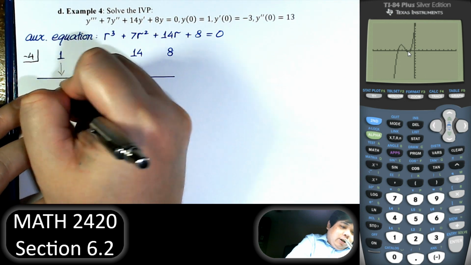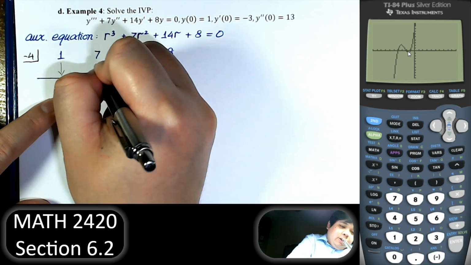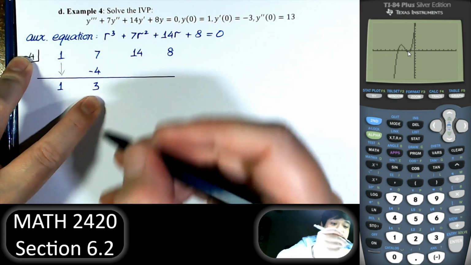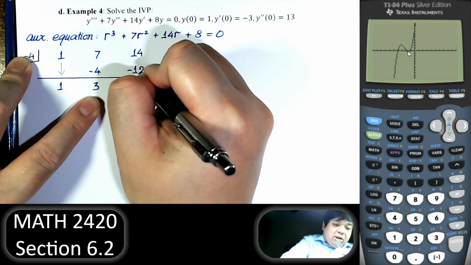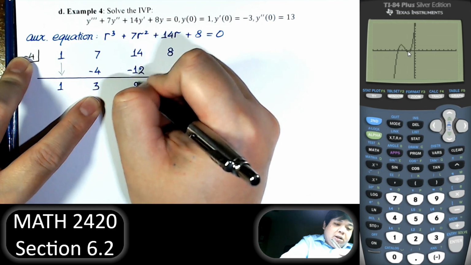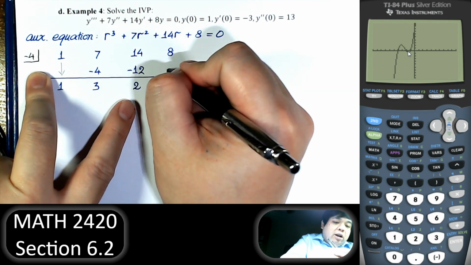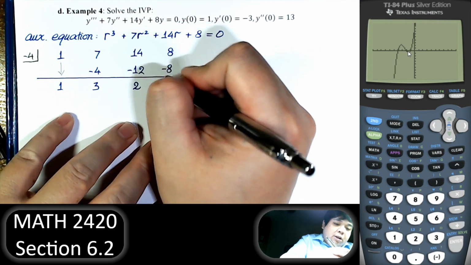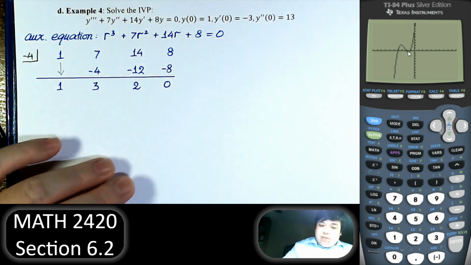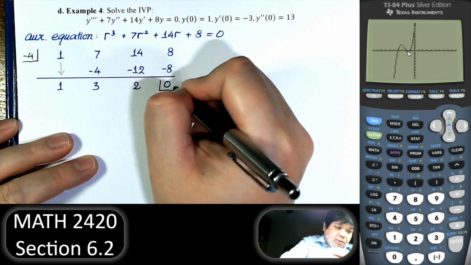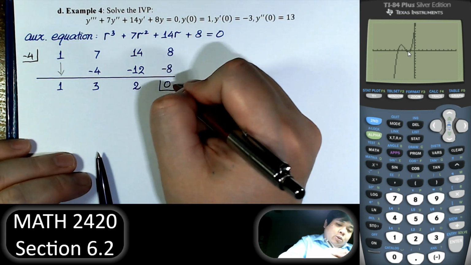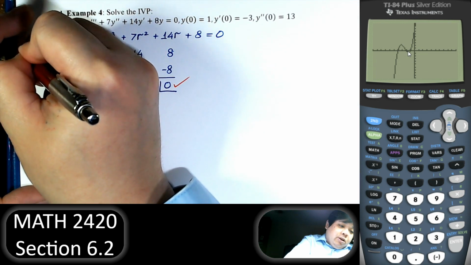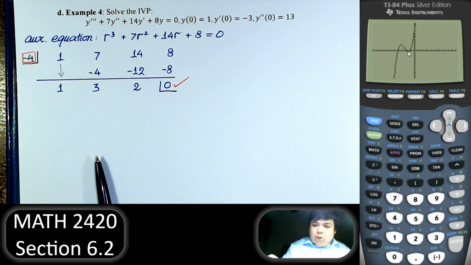So 1 times -4. 7 minus 4 is 3. -4 times 3 is -12. Put in the next column and then add, multiply that by -4, that's -8. That's 0. And we check. It is 0 remainder, so this is a 0, and that is the solution.